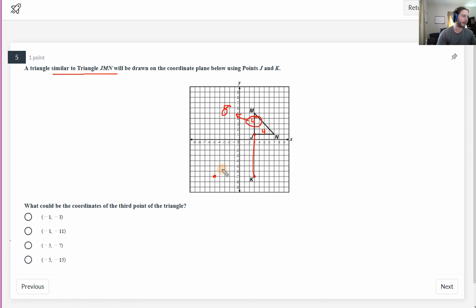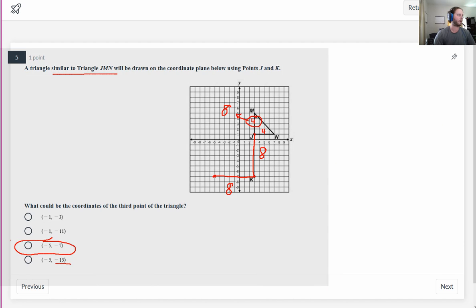That looks about right. Let's count the distance here. 1, 2, 3, 4, 5, 6, 7, 8. So we have 8 for the height, 8 for the base. That matches the dimensions if we were to scale it up by 2. I'm not even going to waste my time with the third answer choice because there is no -15 on this graph. Here's a hint: if it's not on the graph, there's no way it's the answer choice.